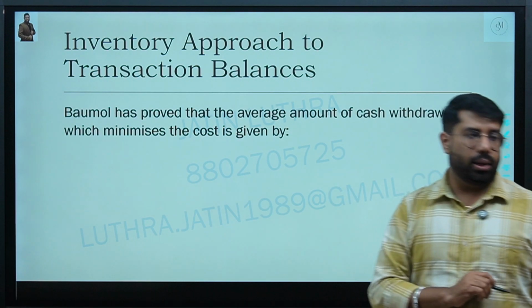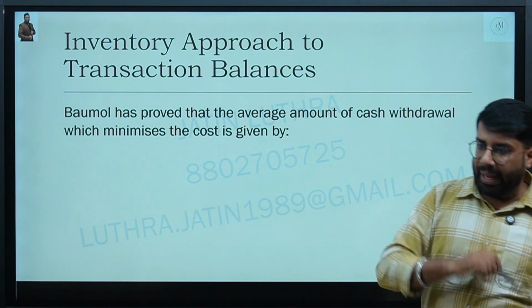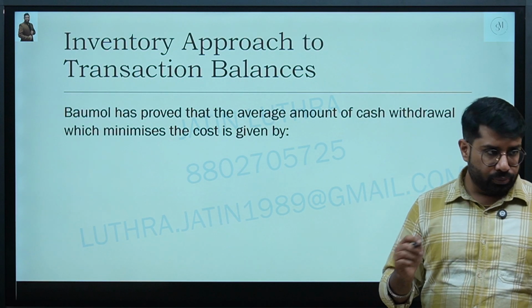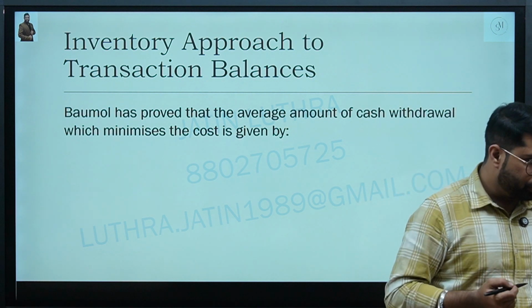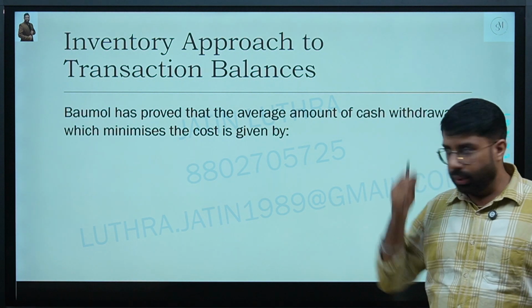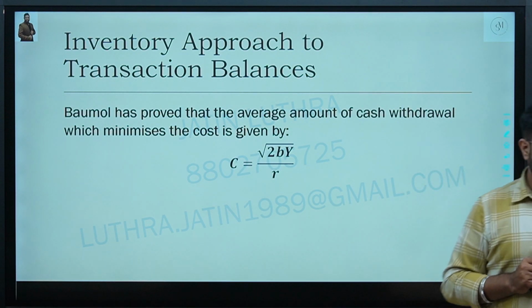Now, when we say that it is always good to hold money in cash and asset together, which will reduce the opportunity cost, Baumol proved this by giving this equation that is also known as the square root rule.